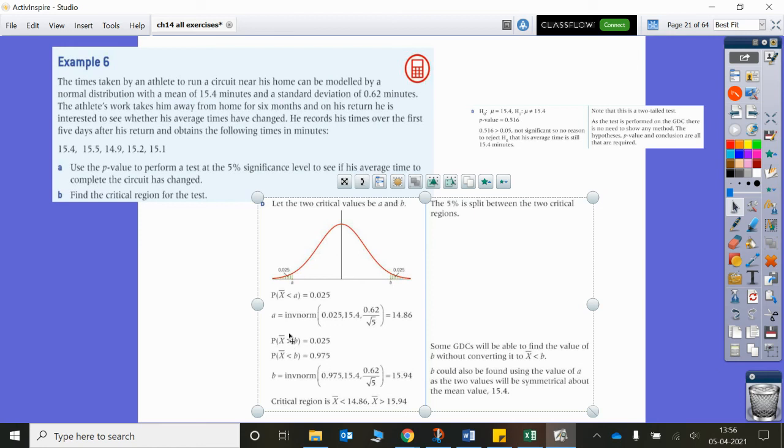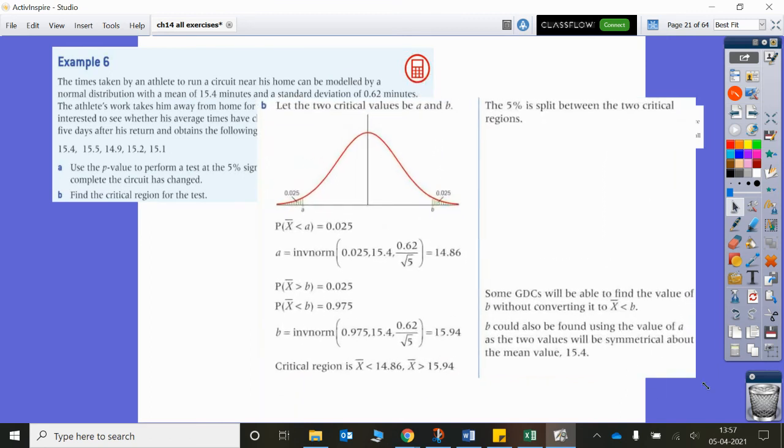And they've said, well, here's A, here's B. So they found actually both of these, A and B. In fact, I think that it doesn't really matter because the fact that we know that X bar is less than the mean in the middle means that we don't need to work out the one on the other side. But actually the question does say find the critical region. It doesn't actually say perform the test. So if you needed to perform the test, you'd need X bar from the sample mean. Okay, but so the critical region is both less than A and it's also greater than B.